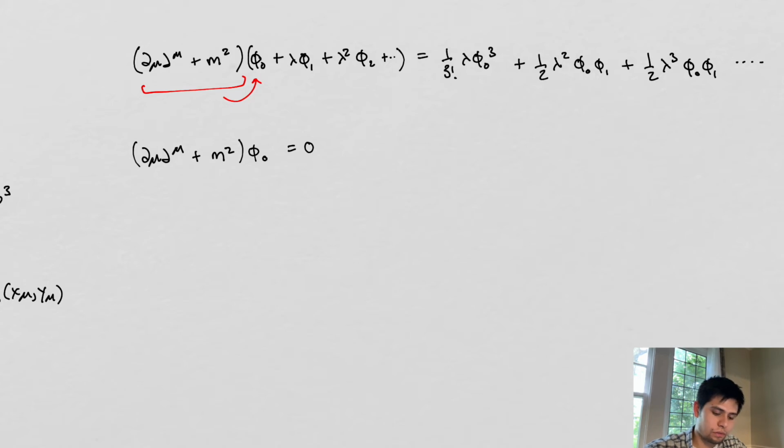So we're collecting terms on the order of phi to the 0. So we can do the same thing here, plus m squared on phi 1.